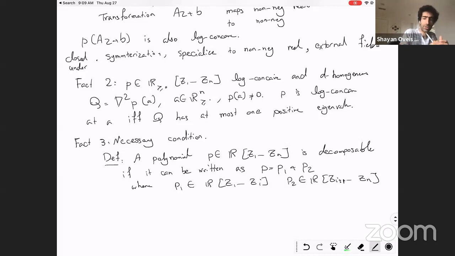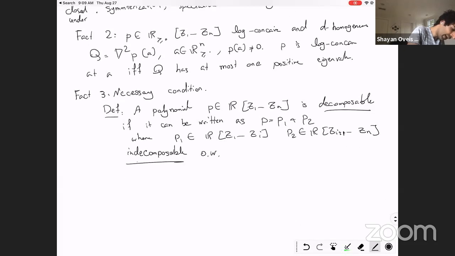We say it's decomposable, and we say it's indecomposable otherwise. So for example, here are two polynomials.